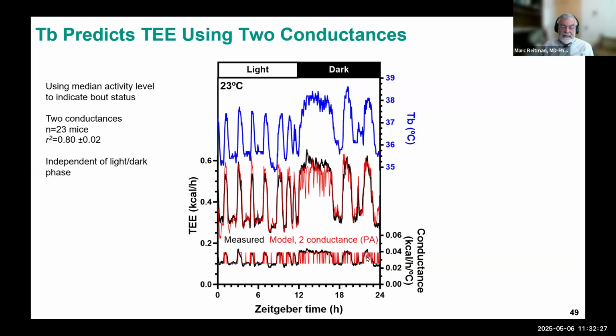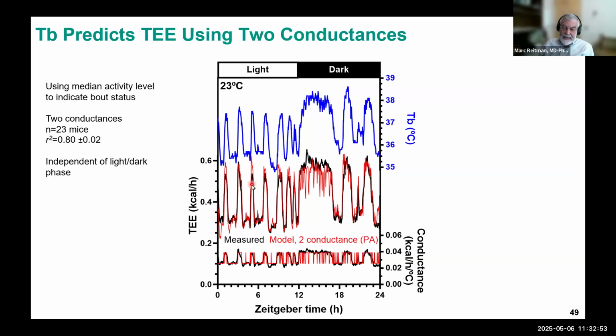So you see that this is one mouse, one day of one mouse. We did multiple days of 23 mice, and the overall correlation coefficient of the measured energy expenditure and calculated model-derived energy expenditure, based basically totally on body temperature, was 0.80, 80% of the variance is explained.